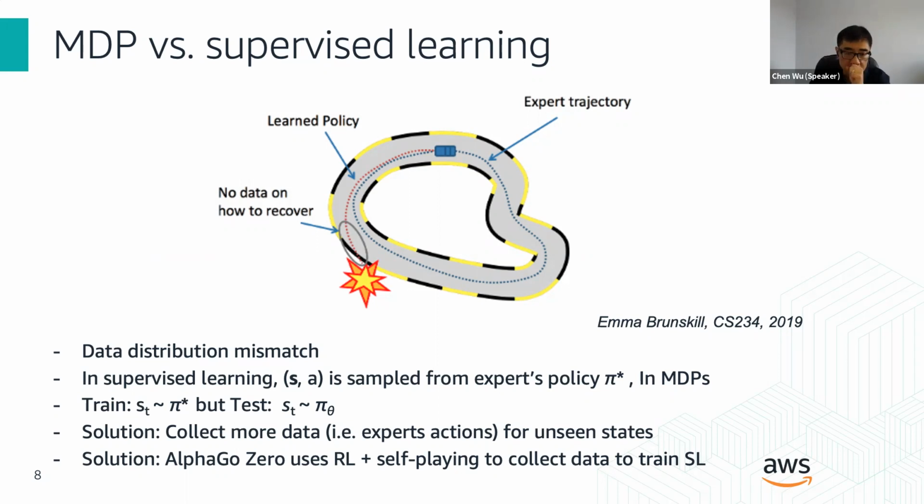So the issue here is that there is a big difference between supervised learning and RL. In reinforcement learning, the data is actually generated by your action.